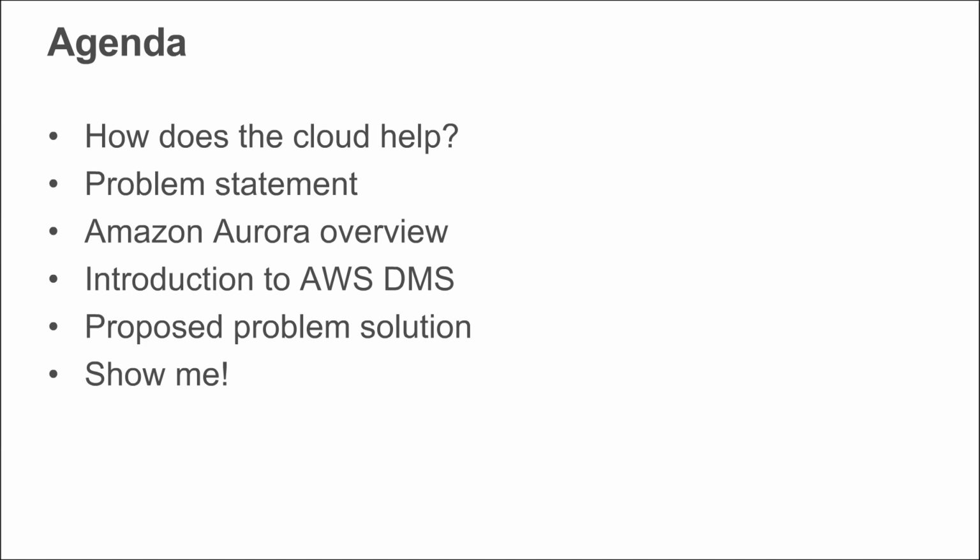And how we're going to migrate to Aurora is going to be the Database Migration Service, so we're going to spend a few minutes talking about that. After talking about those products, we're going to dive into the details about the solution to the challenge that we have. And saving the best for last is, of course, a live product demonstration outlining just how easy it is to do MySQL shard consolidation using DMS and Aurora.